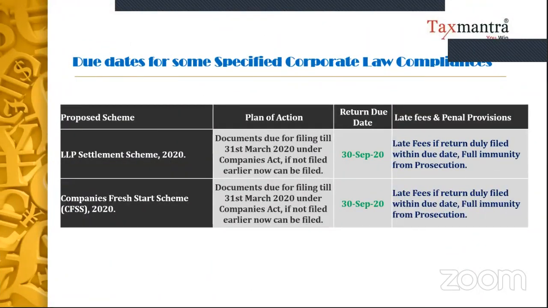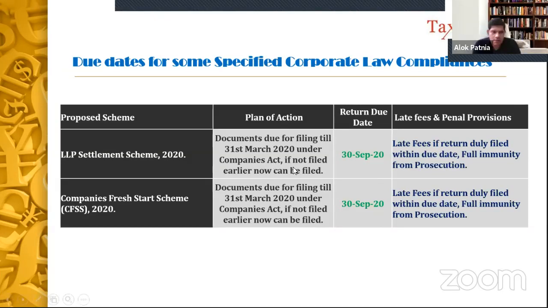Now this will be the corporate law compliance. Sir, you need to explain this one. Yeah. Under the corporate law compliances, the government has also relaxed a lot of dates. There was a scheme which came in, called the LLP Settlement Scheme, wherein if we have not done any of the compliances or filings for an LLP, the documents due for filing till 31st of March, if those are not filed, they have revised the due date to 30th of September.